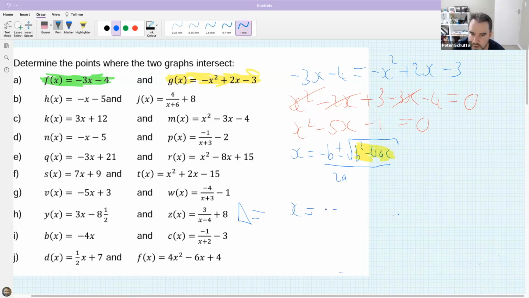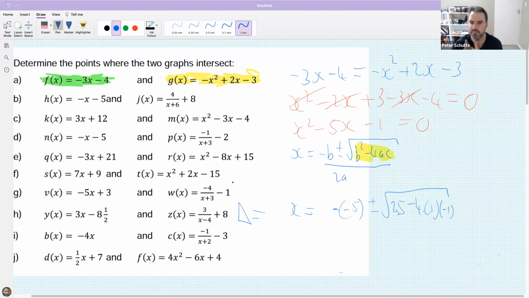So when I go minus b, I go minus 5. And then I go plus minus, and then I have b squared. So that's going to be, oh, did I really completely get that wrong? It's going to be b squared is 25 minus 4 times 1 times minus 1.